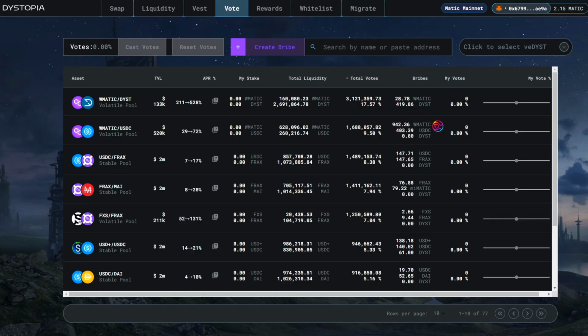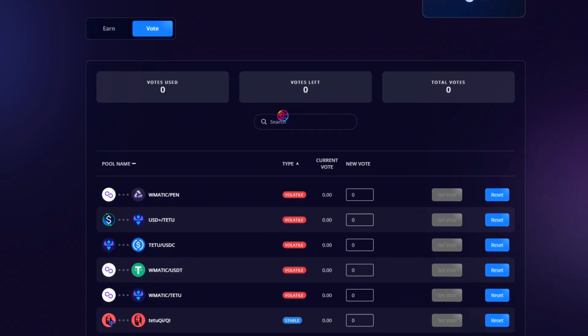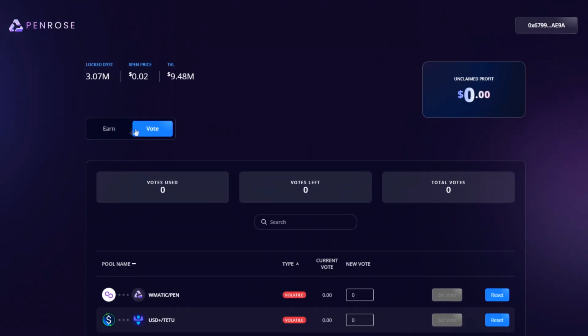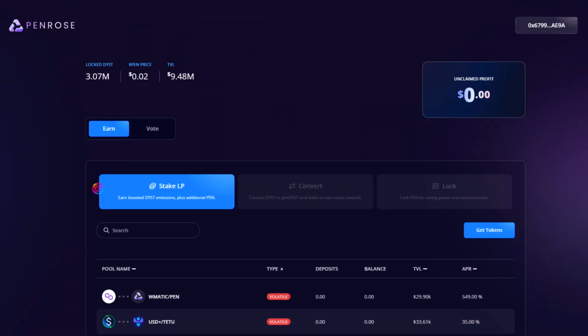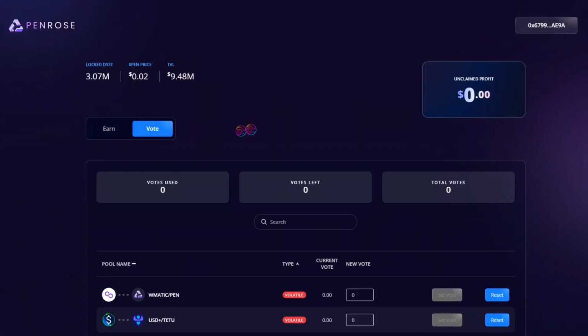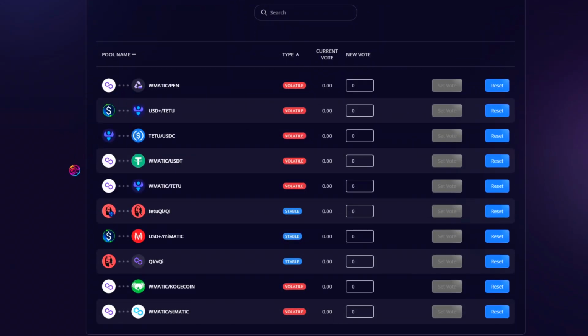Voting is important because it increases the DYST emissions and therefore the APR of the liquidity pool that you vote on. Recall that with Penrose, you do not need to vote to earn maximized yields on Dystopia's liquidity pools, but your vote will increase that pool's yield even further.